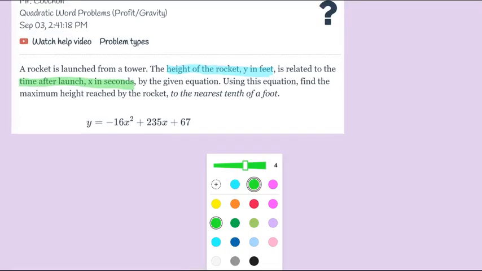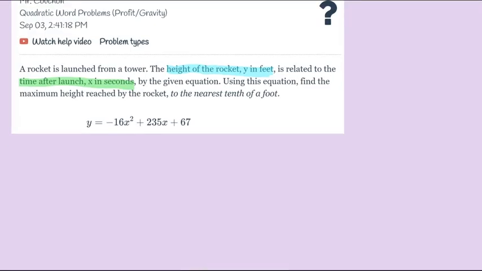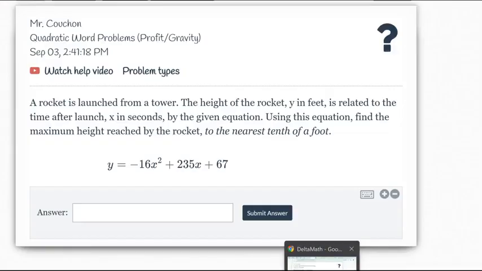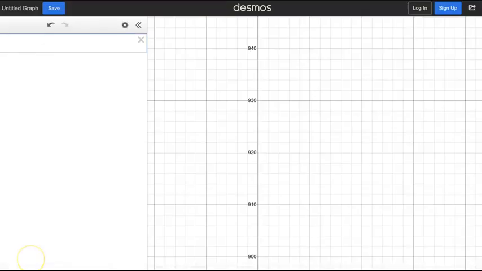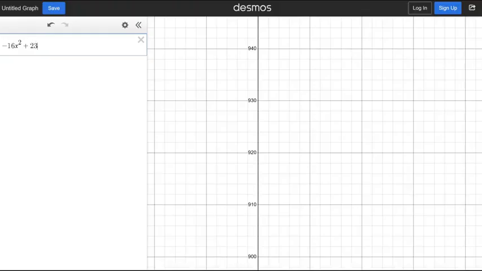Again, we're not going to mess around with the vertex formula and plug in the values here because it's going to be way too complicated. So let's go to Desmos and type this in. We had negative 16x squared plus 235x plus 67.